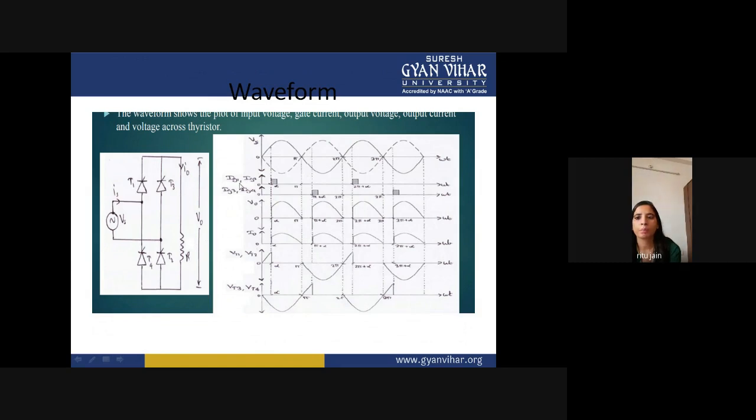IG1 and IG2, and IG3 and IG4, are the gate pulses: IG1 for SCR T1, IG2 for T2, IG3 for T3, and IG4 for T4. At a time two thyristors will conduct, either T1, T2 or T3, T4.